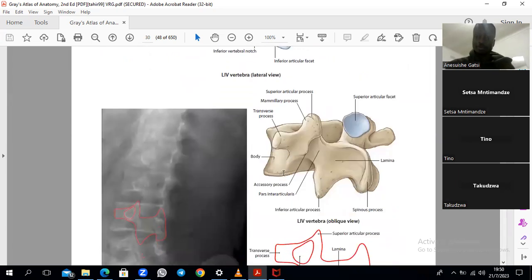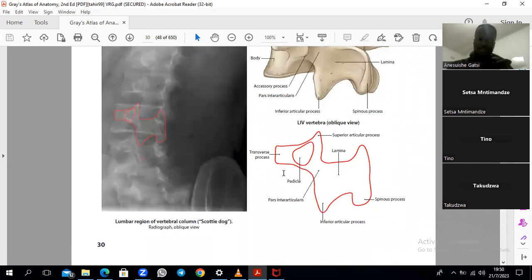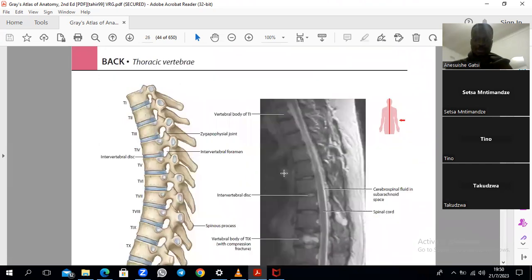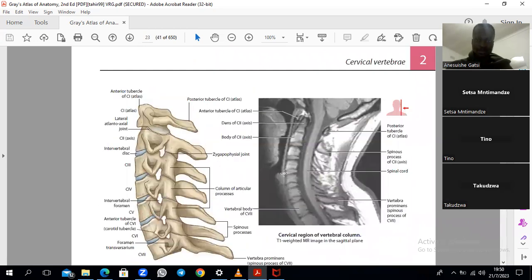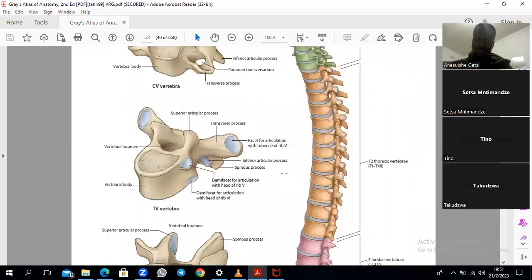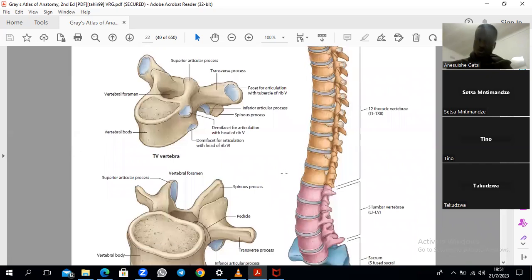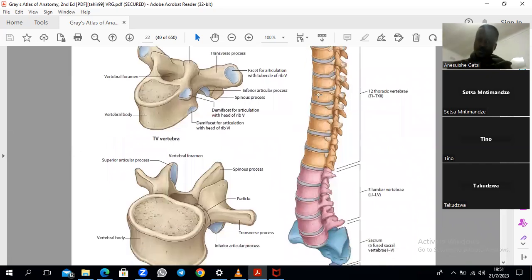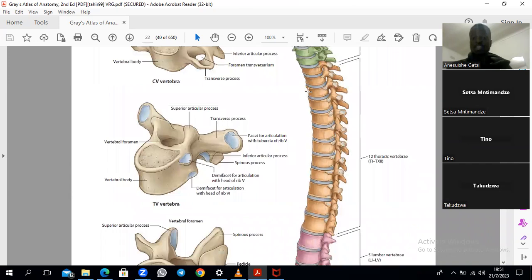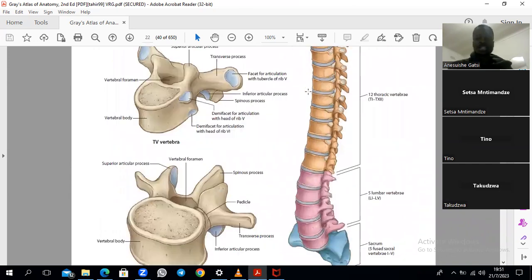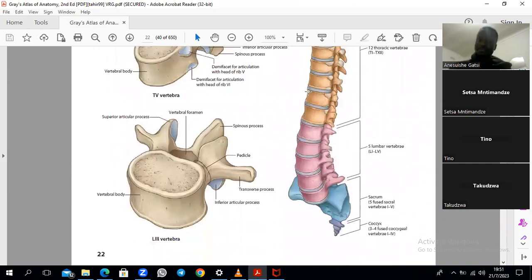Then in relation to the spine, right? Come back here. In relation to the spine, this is how we have 7 cervical vertebrae in green, then the 12 thoracic vertebrae in the brown orange, then the purplish lumbar vertebrae there, right?